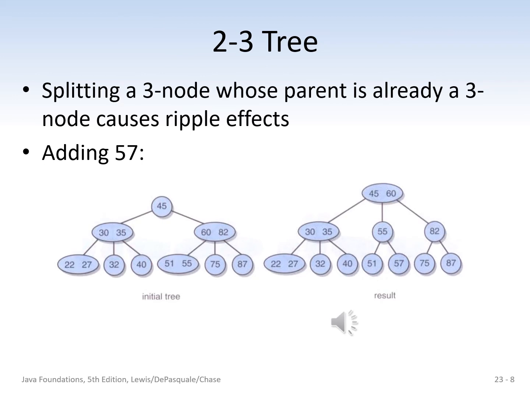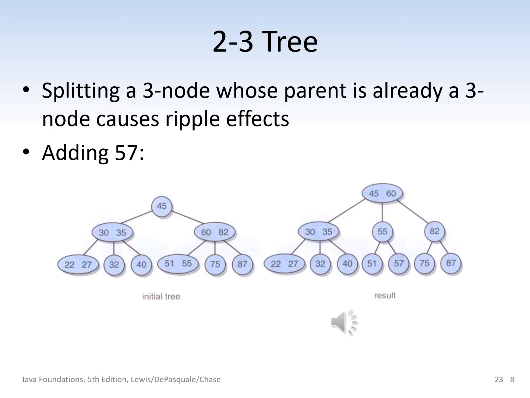In this example, adding 57 causes a split of a 3-node whose parent is already a 3-node, and this causes a ripple effect. So look at the initial tree, and we're going to add 57, and 57 would have to go to the left of 60, which is a 3-node.